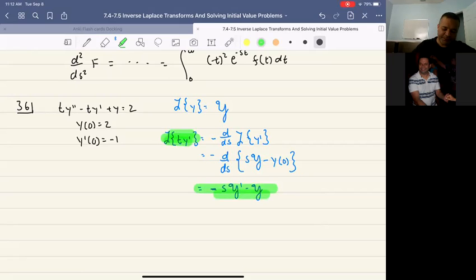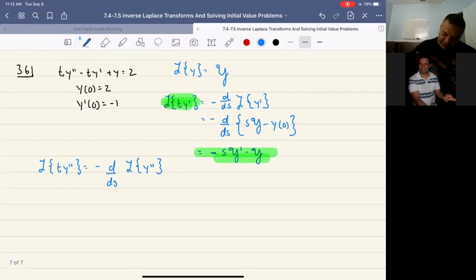So far so good. Let's do the same game with t y double prime. L of t y double prime is going to be negative the derivative with respect to s of L of y double prime.